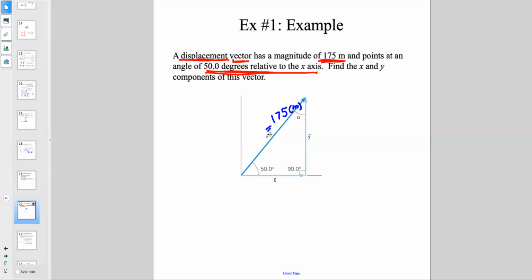And this 175, or r, has a component along the x direction and a component along the y direction. As I said, I can just move this component along y and bring it without changing its direction or its magnitude, all the way to this point. So it looks like a triangle now. One more time: this is x, this is y.